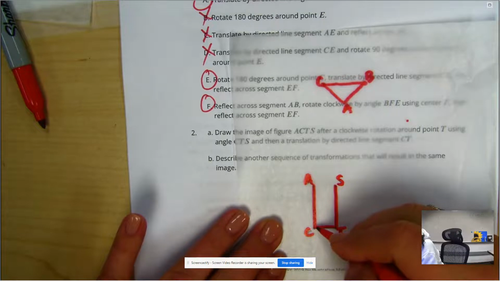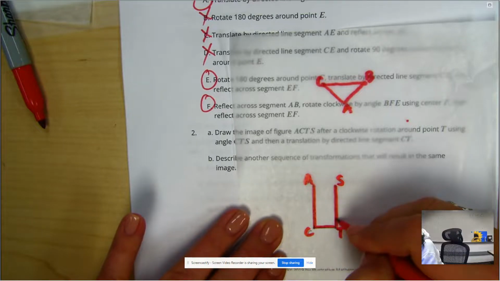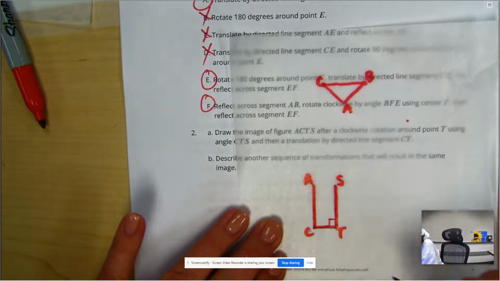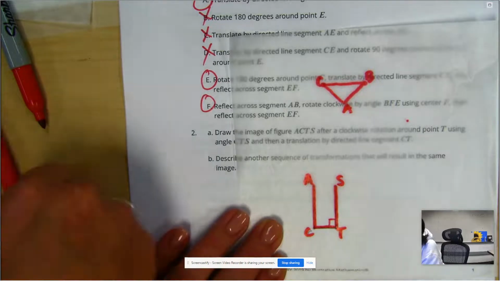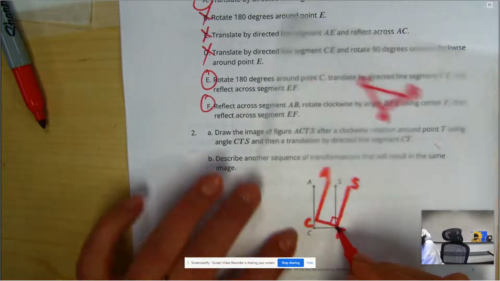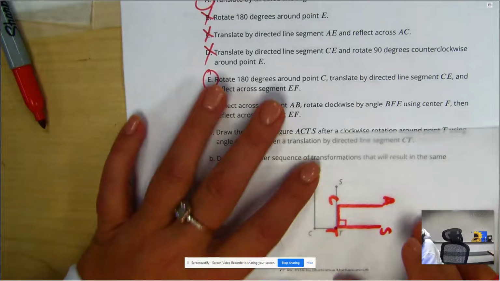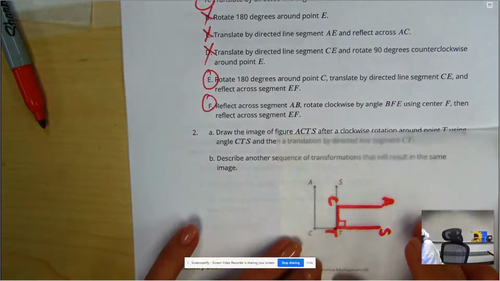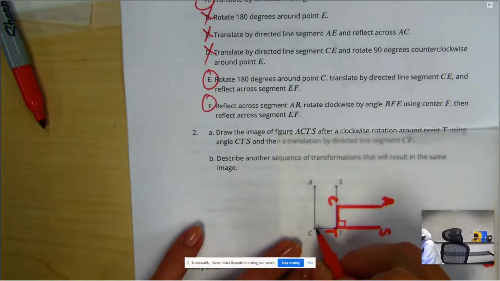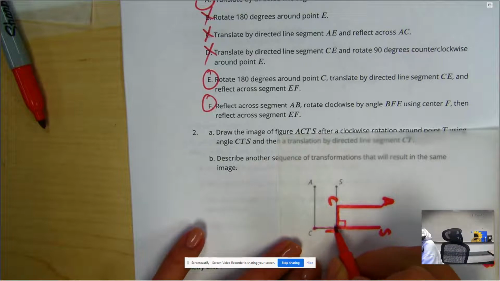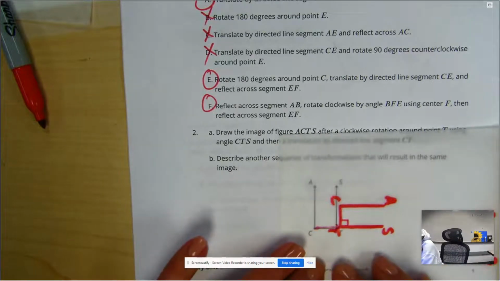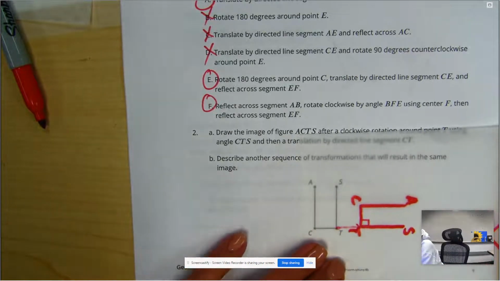Look at angle CTS right here. Does everybody see that's 90? So I'm going to turn 90 clockwise. There it is. Then it says translate using directed line segment CT. That's from here to here. I'm going to slide. That's where my new image should be.